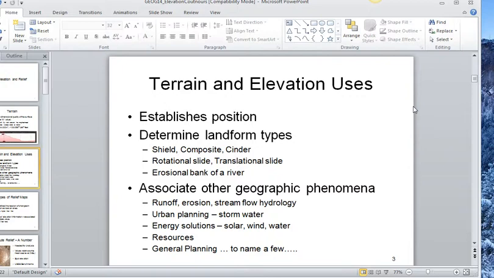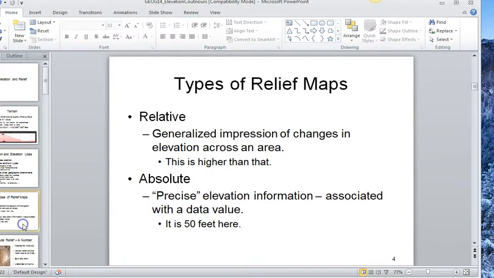If you're going into any business that's trying to site solar panels or wind panels or water hydroelectric power, you need to know elevation. So this is an important concept for most science kinds of fields.